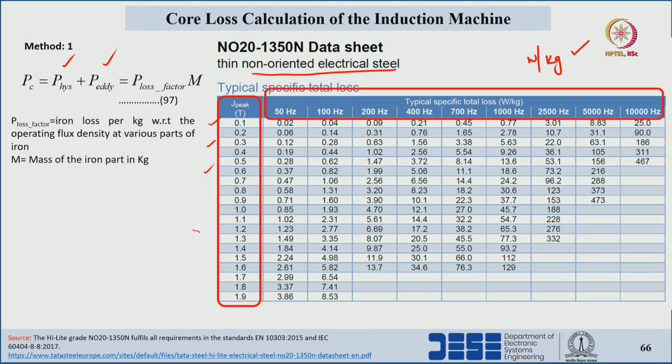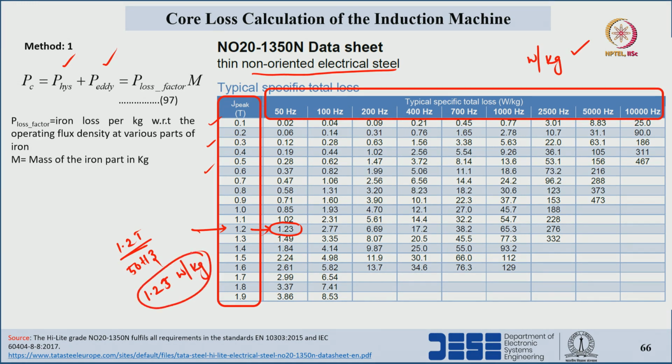For example, if we are operating the core or machine at 1.2 Tesla and the frequency is 50 Hertz, this is the 50 Hertz component associated with 1.2 Tesla, then the power loss will be 1.23 watt per kg.